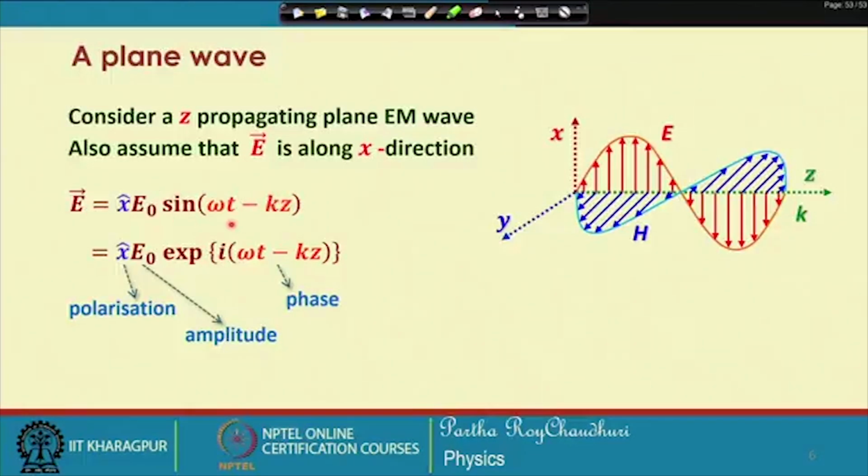It could be represented as an exponential phase equation as well. Look at this: x cap indicates the polarization, E naught is the amplitude and this is the phase factor. Now, these are the three things which can be modulated: polarization, the amplitude and the phase.